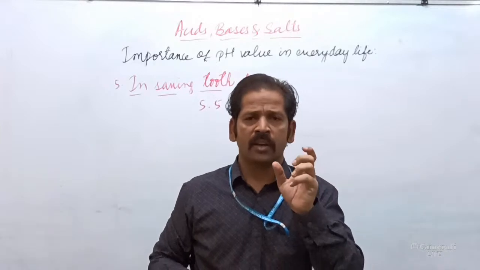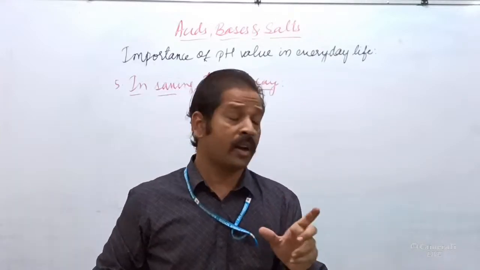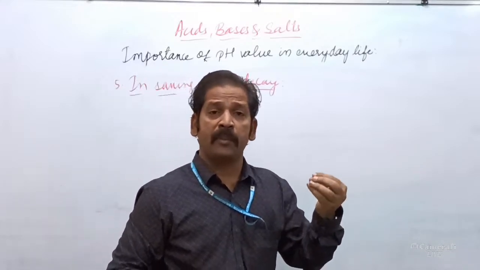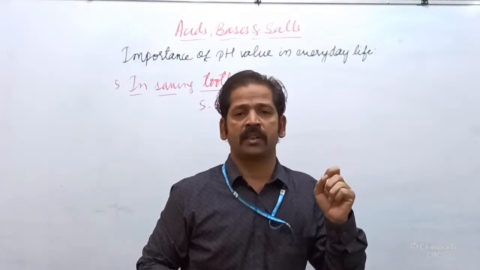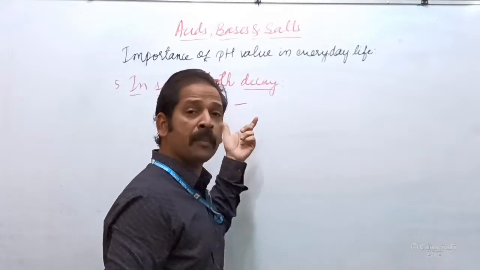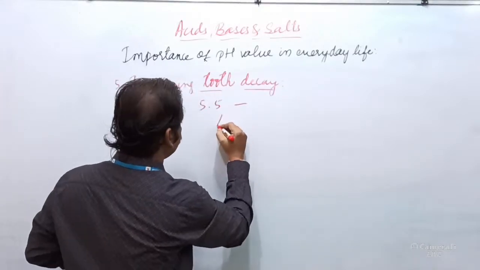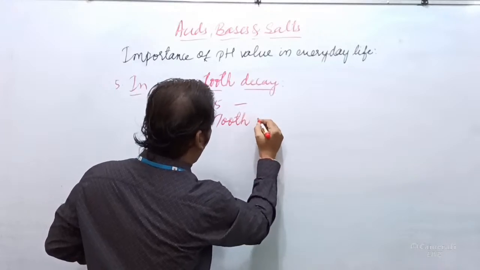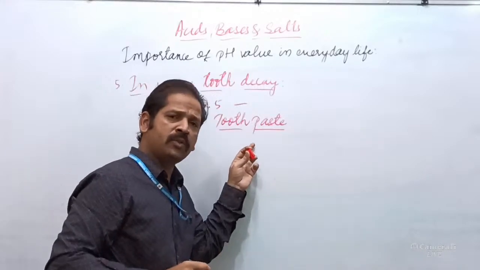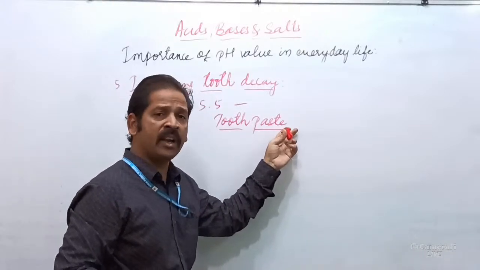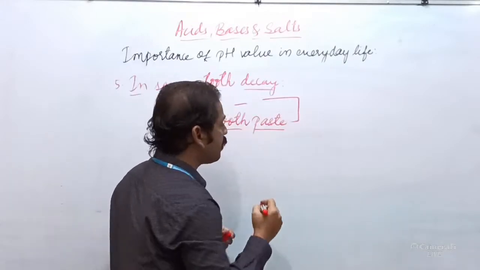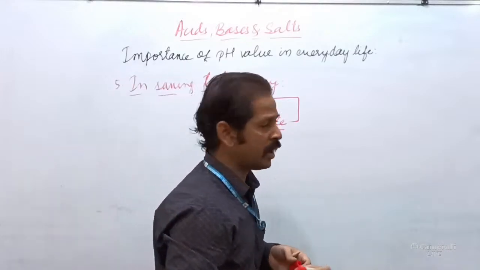We should drink some water, or later after having the food we should brush the teeth, because the toothpaste will turn the acid content of our mouth to basic. Usually toothpaste has basic content, and when you use this toothpaste, our mouth, which has become acidic, acid plus base, will become neutral.